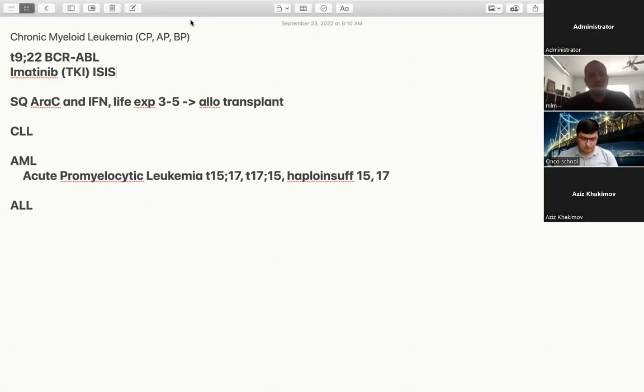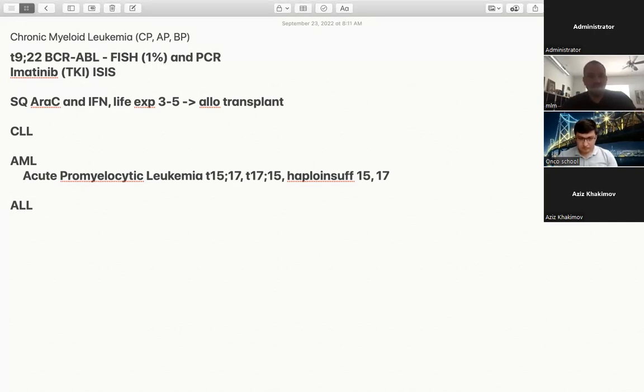A couple quick words on diagnosis in CML. Clearly, you need to find the BCR-ABL transcript, and you need to check for this both by FISH and PCR, because remember, there is 1% of people who will only be FISH positive and will be PCR negative.